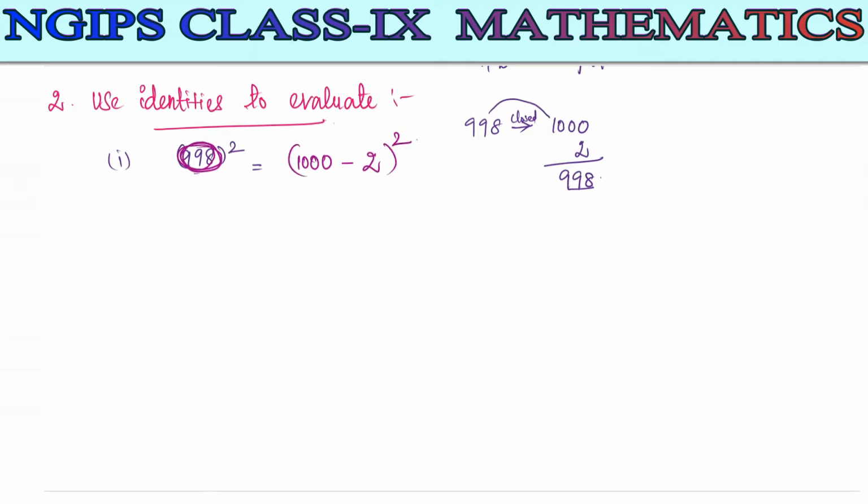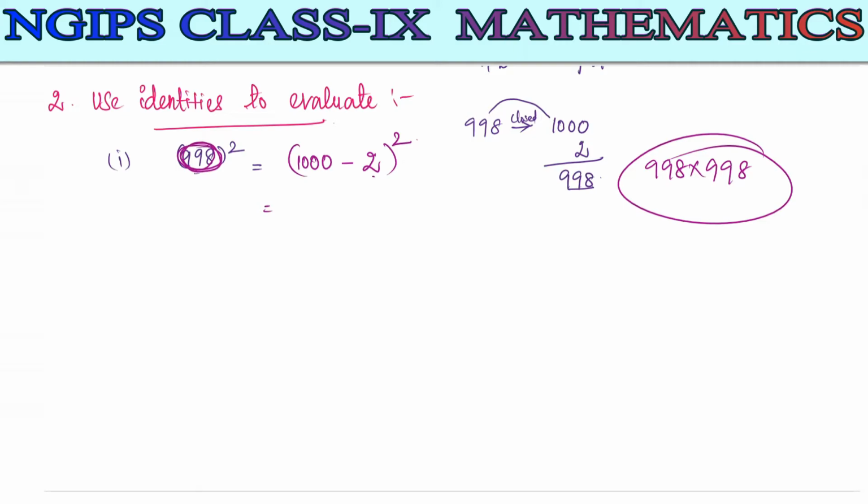So instead of multiplying 998 into 998, I have written the closest number to that particular value, minus, and we need to check whether we need to add or subtract. Here when you subtract only, you will get 998. So I have subtracted 2 from 1000, and we have the square.